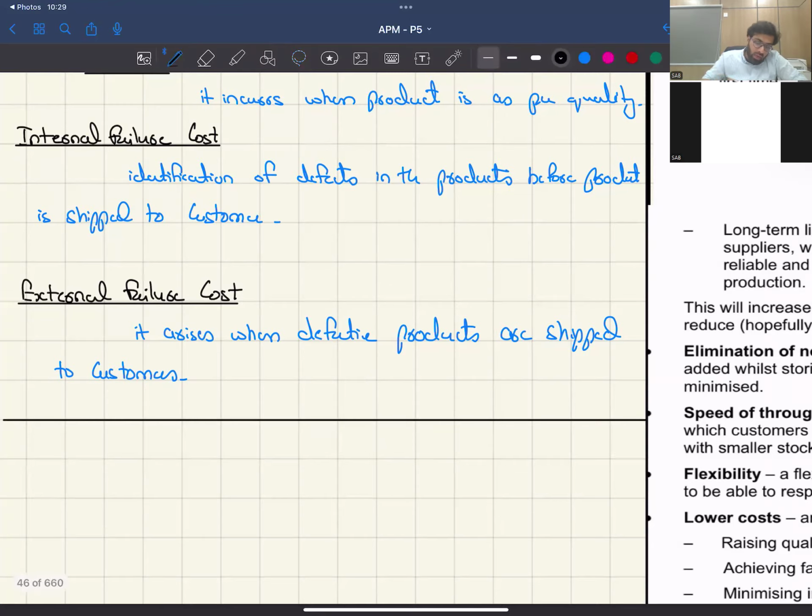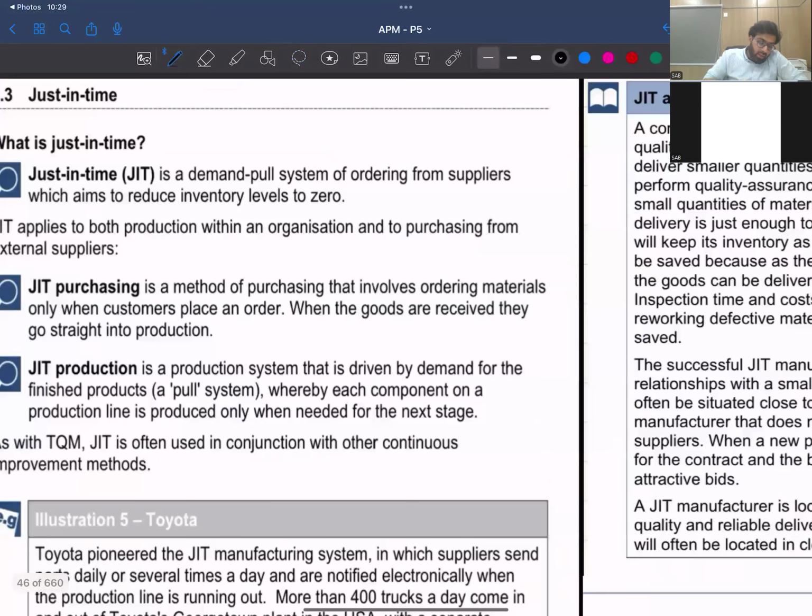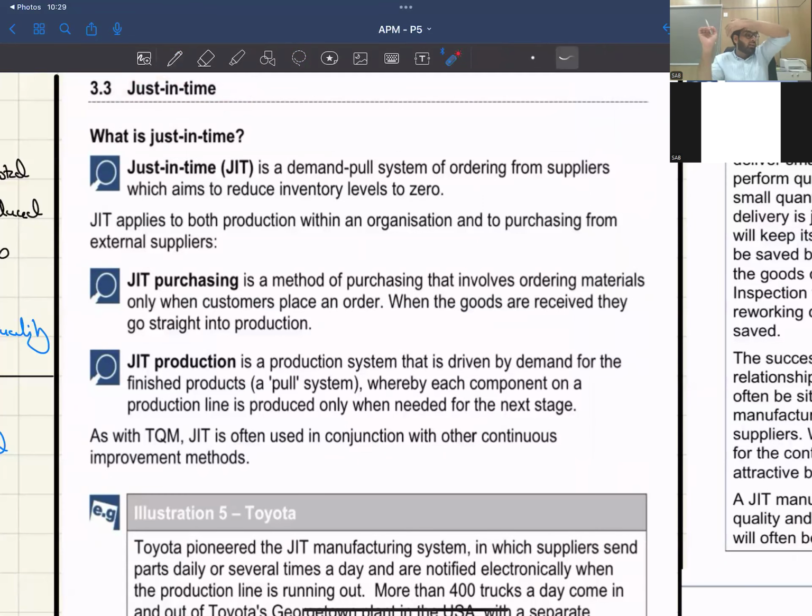Yeah. So now, JIT, just in time. Guys, I guess you have been knowing this particular thing. Now, what's just in time? It's basically that we never keep inventory. We just make the product once we have received the orders, right?